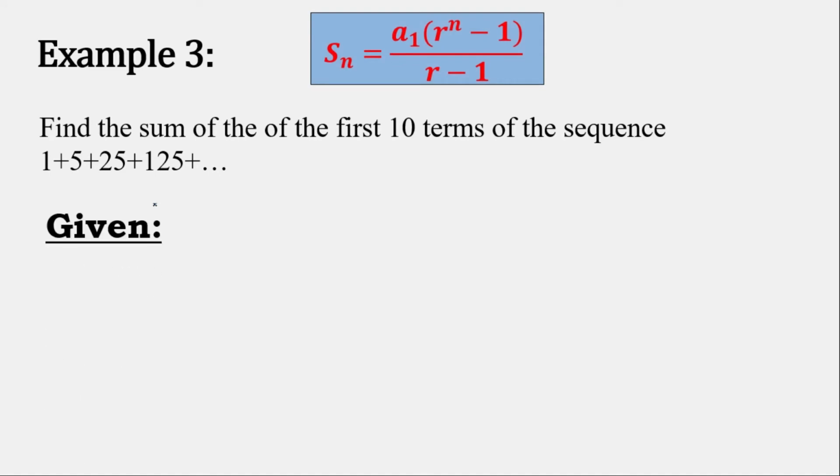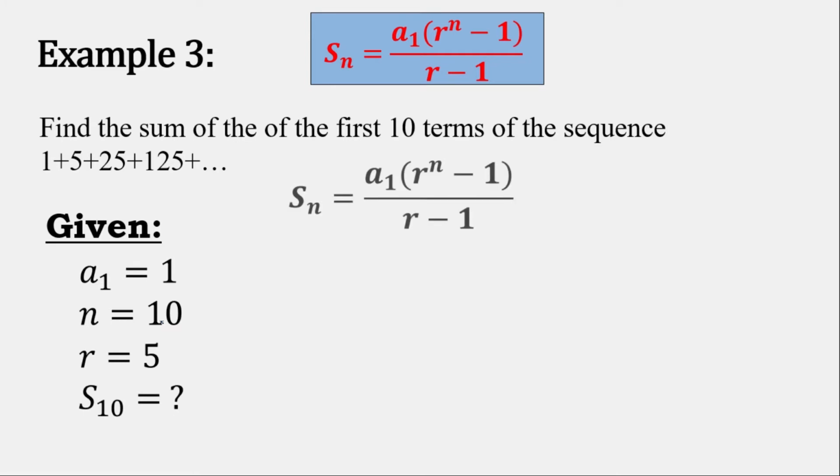Now we could easily enumerate the given, which is 1 for a sub 1, or the first term. We have 10 for the number of terms, and we have 5 for r. Again, you just divide the second term by the first term, and the third term by the second term, and you'll get 5.